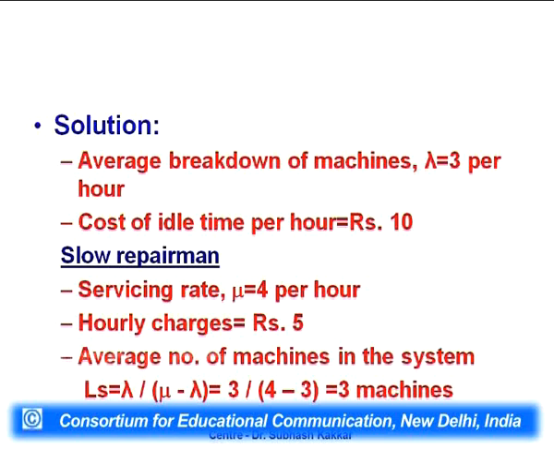The repairman is repairing one of the machines and other machines are waiting. The total number of machines which are not operative is the number of machines in the system, LS. And the formula for LS, which includes waiting time as well as service time, is lambda divided by mu minus lambda. Lambda is the average arrival rate, mu is the average service rate. So, we get 3 machines at any point of time. As per this formula, 3 machines will be inoperative.